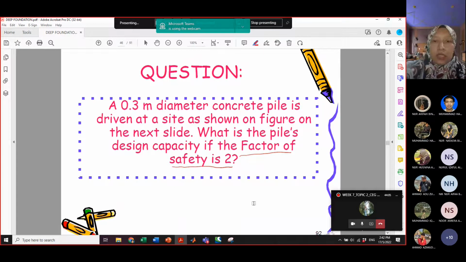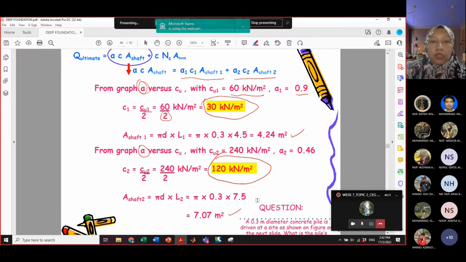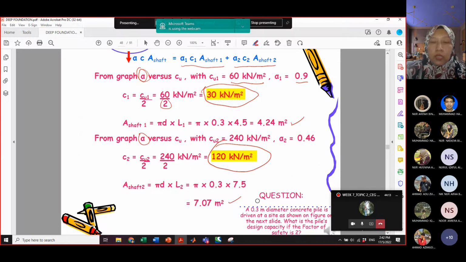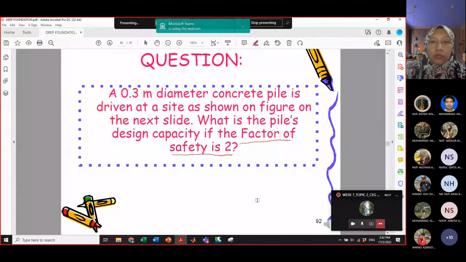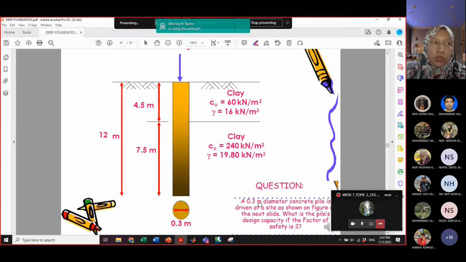This is the same thing, but now it extends to the ultimate bearing capacity and also the allowable bearing capacity. So you are asked to do back calculations, given that the factor of safety is 2. Then you have to estimate the Q allowable.